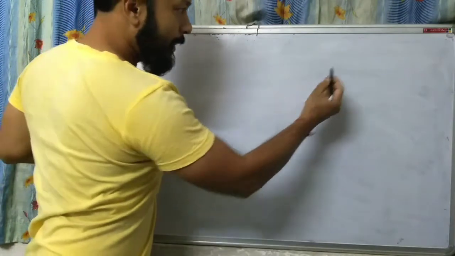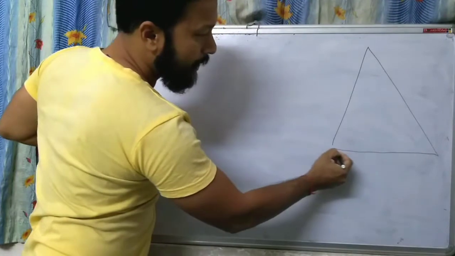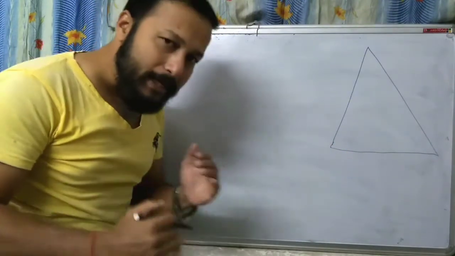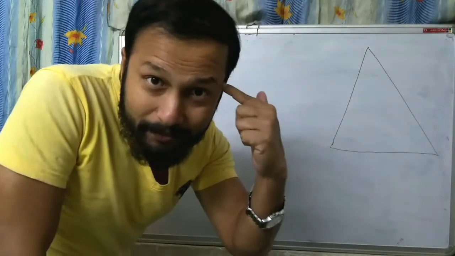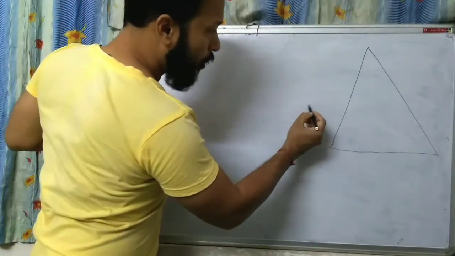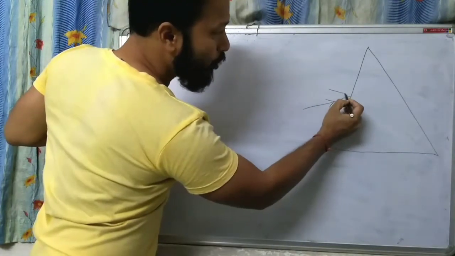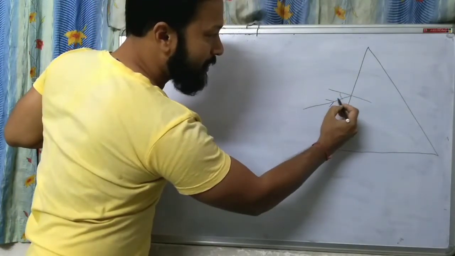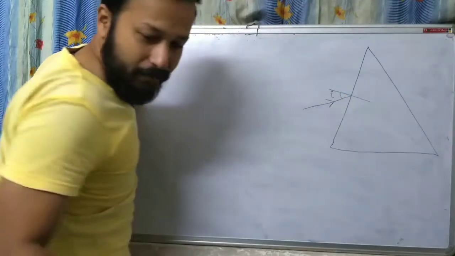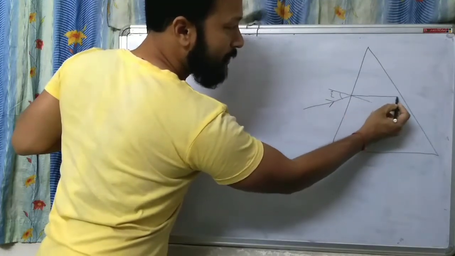See this. First of all, this is the prism. Here I am going to tell you some terms, and you have to store those terms. First of all, I am sending a ray. This is the normal. Then this is the angle of incidence. Now this ray is going.